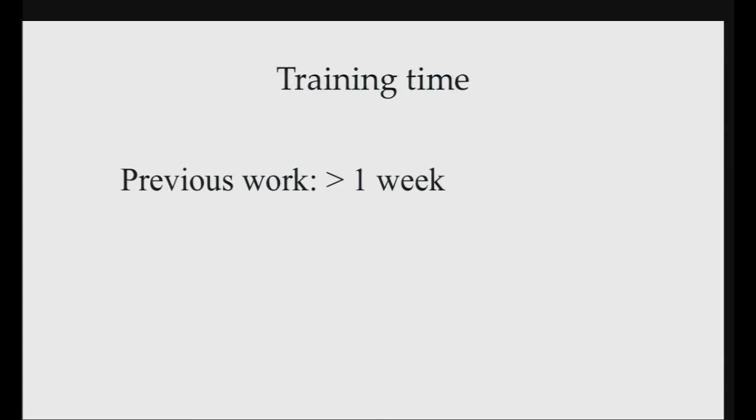They are using a clustering algorithm to train the model. Okay, and then in our work, to train one effective network, we only need less than 30 minutes. So that is much more efficient than previous work. This also allows us to retrain the model multiple times within a short period of time.